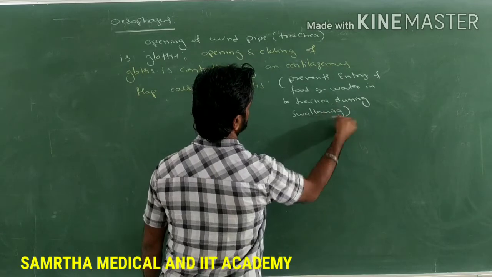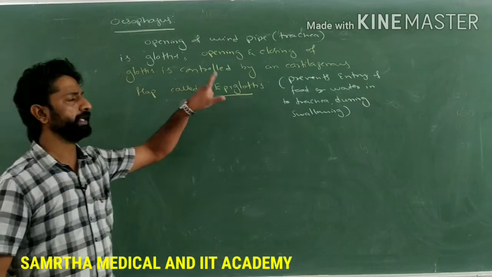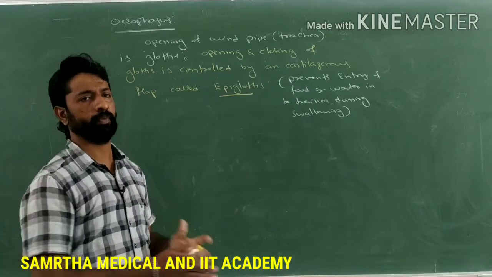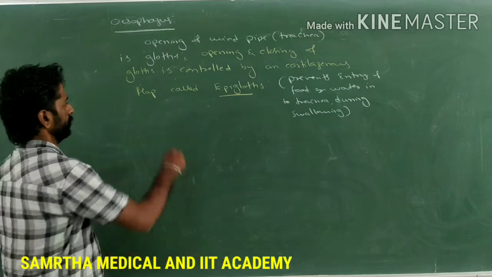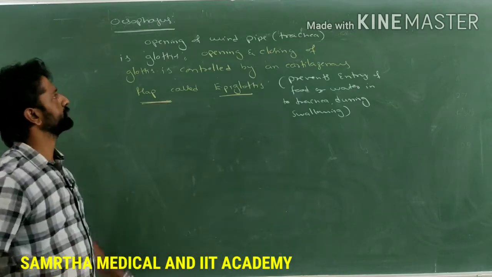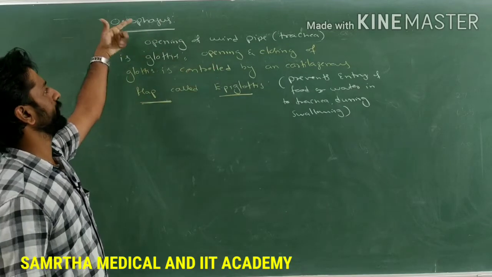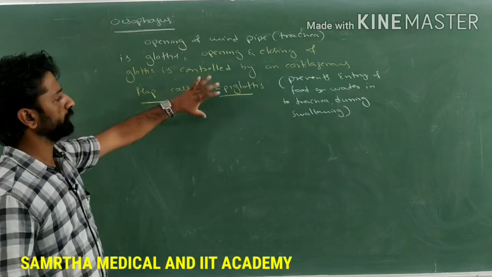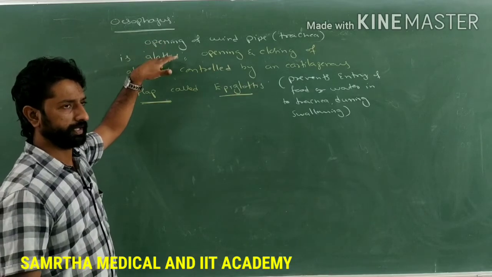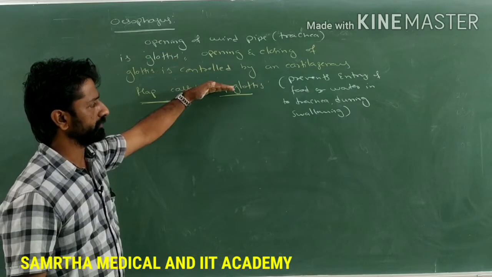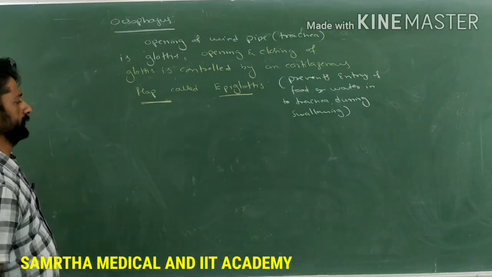During the swallowing of food, the glottis gets closed by the epiglottis, so it prevents the entry of food or water into the trachea. Okay, so let's discuss the esophagus now. The entry of food only takes place into the esophagus, but food will never enter the glottis or the opening of the trachea, because of the presence of the epiglottis.